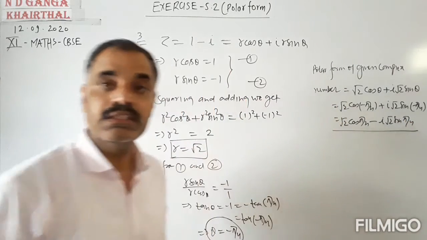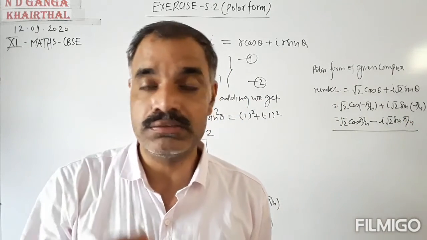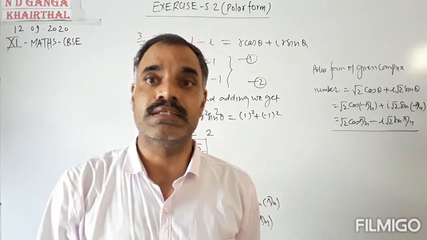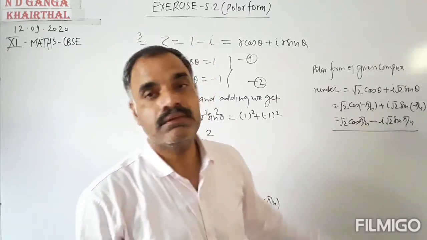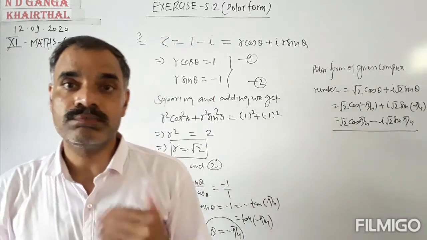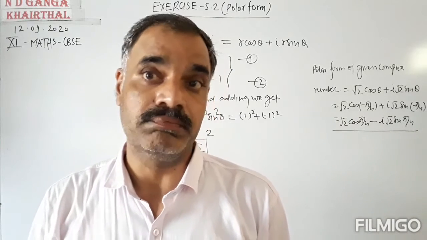Cos of minus theta is cos theta and sin of minus theta is minus sin theta. Using that we get the polar form of the given complex number.